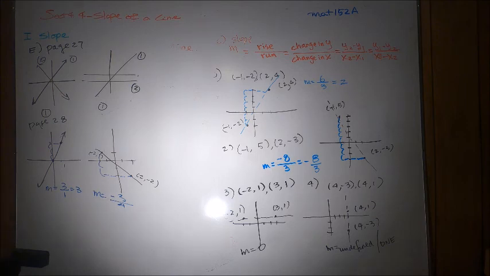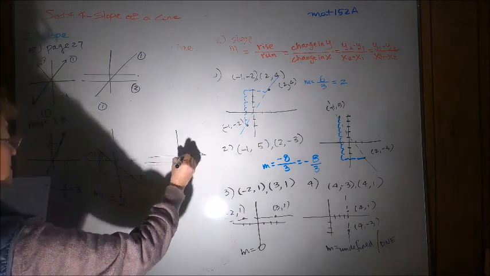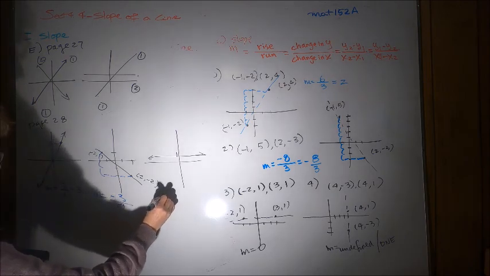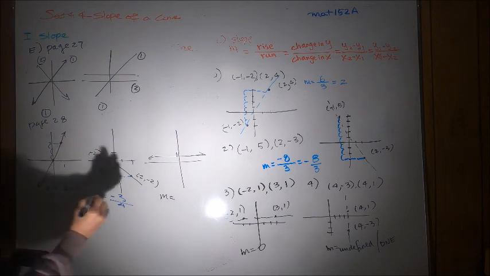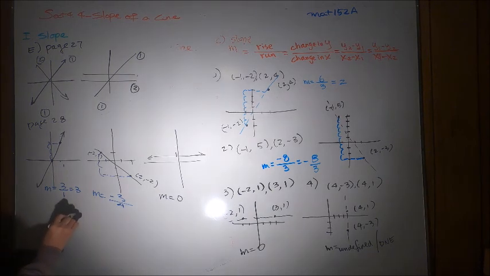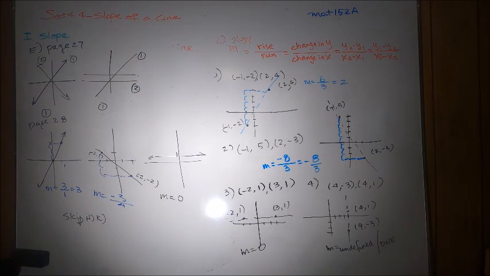And the next one you have is this way. So what do you think the slope is? Flat. So the slope is 0. Then we are going to skip the bottom one. Okay.